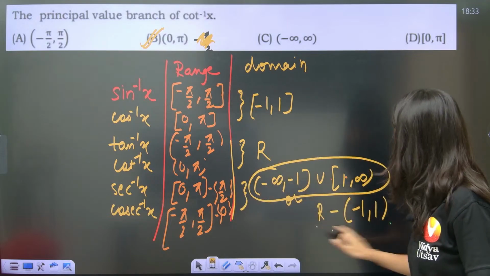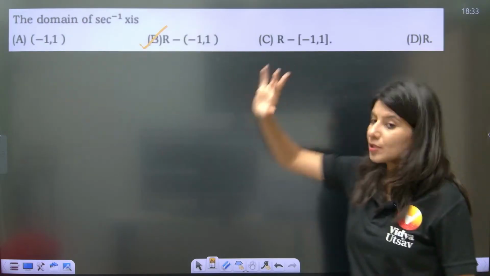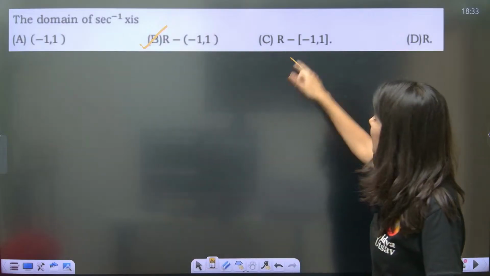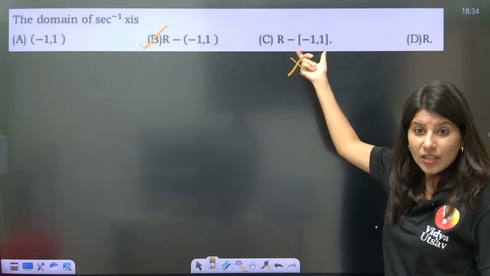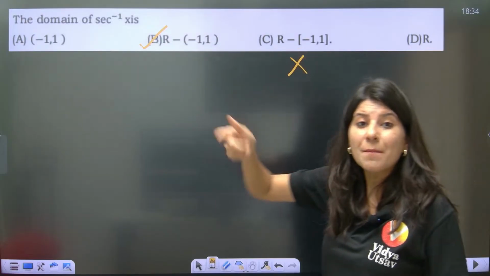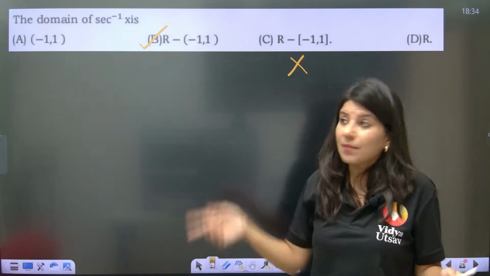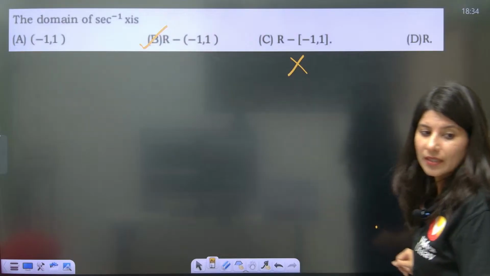If not this, you have to write R minus -1 to 1. So option B is absolutely right. B, not C, because some people might get confused with option C. Here they are removing -1 and 1 from the domain, which is not right. You can't remove -1 and 1.